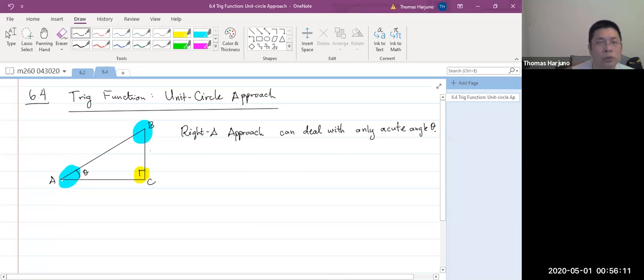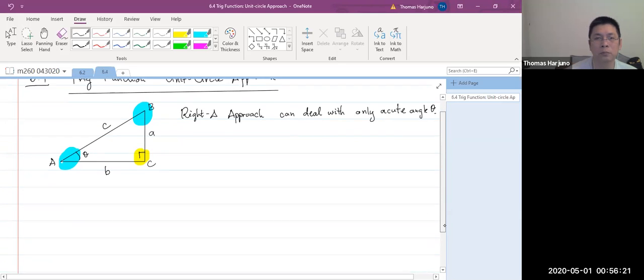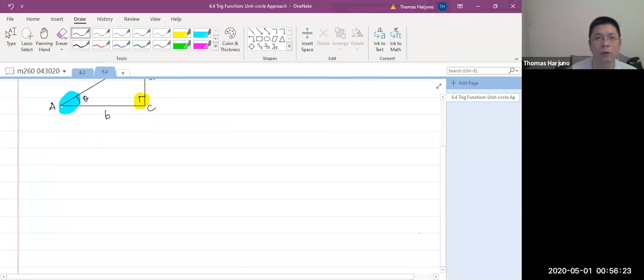Now, suppose I superimpose this triangle here into a circle. So I go on a bit further.